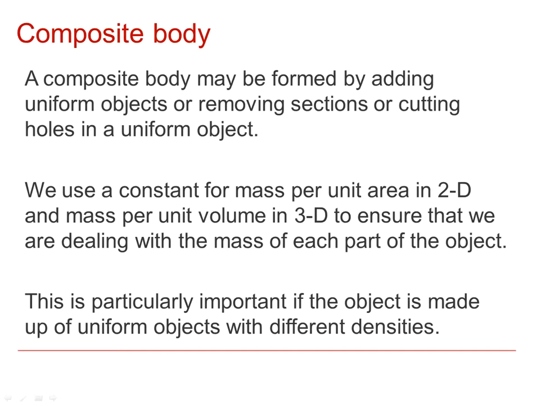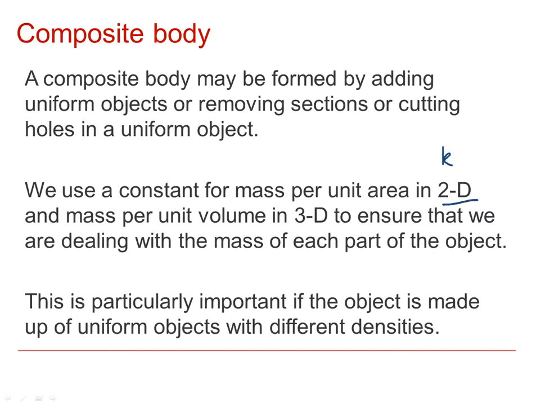Now because they're uniform, when we have a two-dimensional thing, we use a mass per unit area, which is normally referred to as K, kilograms per centimeter squared, for example, or it doesn't really matter on the units, it's just K per unit area.